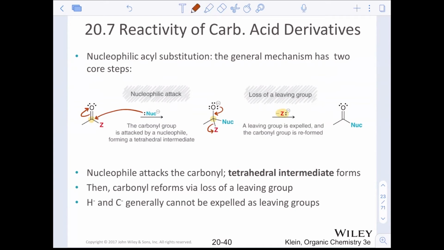So we need a leaving group that is stable. Excellent. And we'll make that new bond. It was carbon to Z, and now it's carbon to whatever nucleophile we use. H minus and C minus were never kicked out in the previous chapter, which is why now we are going to see that carboxylic acids and their derivatives have a much different mechanistic approach.